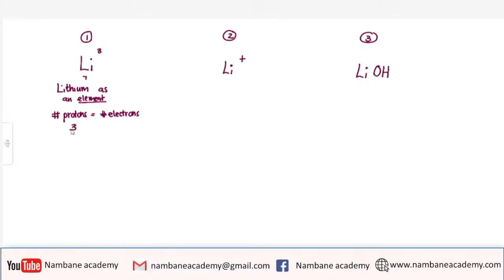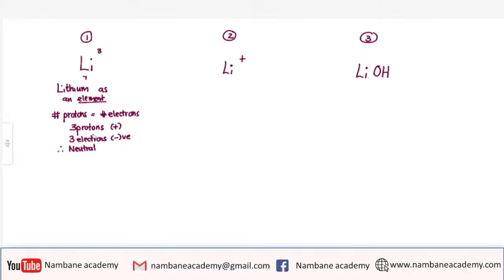So I'm saying that it has 3 protons, which are positive, and it has 3 electrons, which are negative, so therefore, I'm saying that it is neutral. So we've got 3 kinds of particles: positive, negative, and neutral.